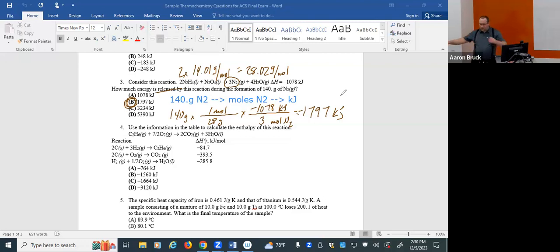So this was a question that I know a lot of you got tripped up on, both on the exam and in the quiz. Thermochemistry was probably one of our hardest units, just in general, based on quiz and exam performance.